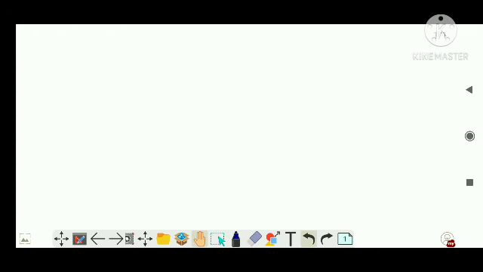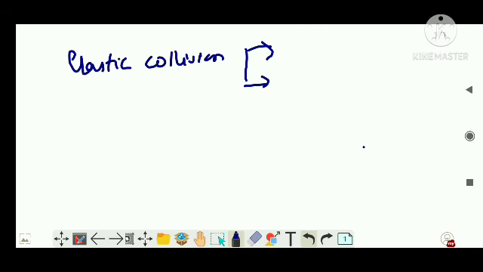Now we are going to find the equations for the final velocities of two bodies which have undergone an elastic collision, right? The final velocities v1 and v2. We are going to find the expression for them.